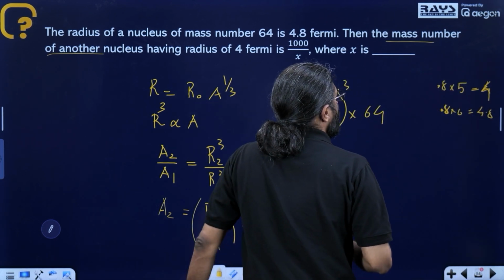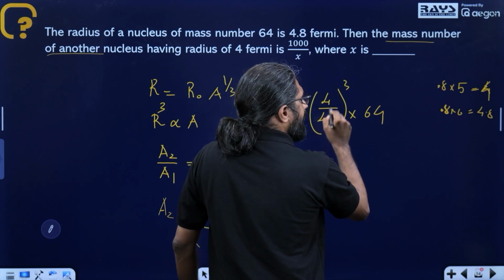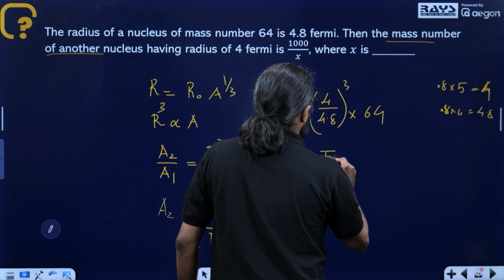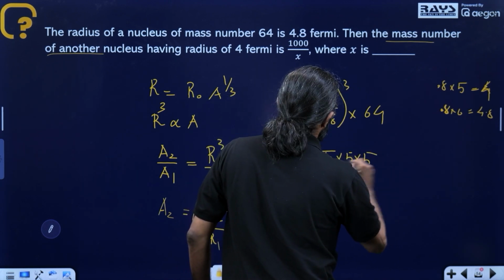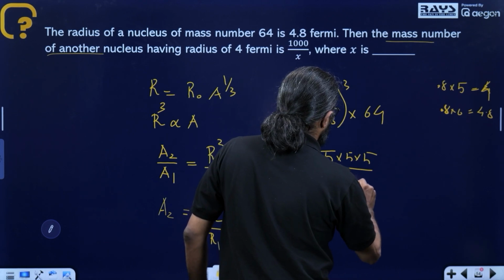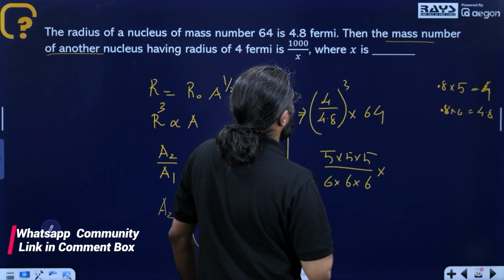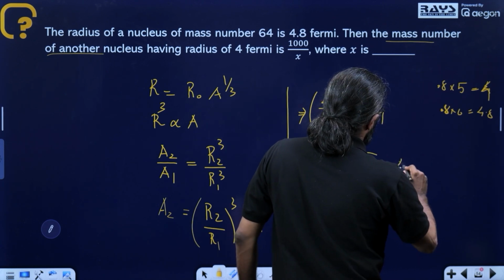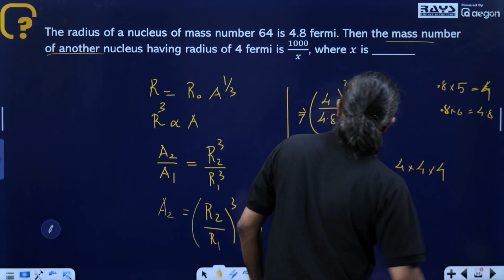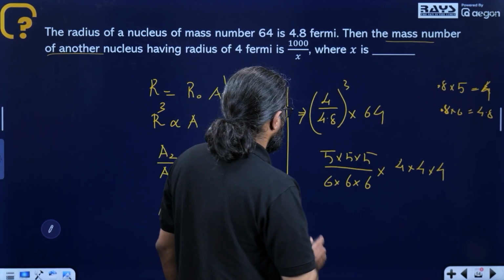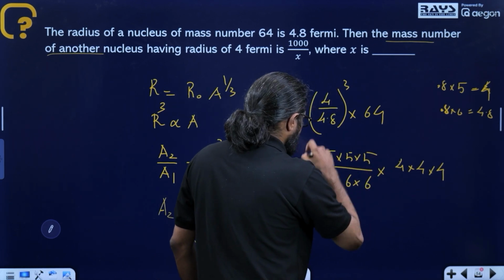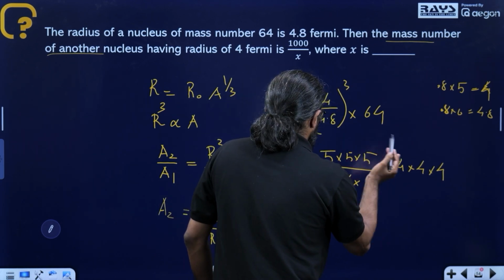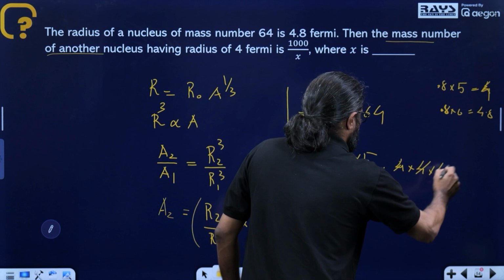Alright, so you can rewrite this as 5 into 5 into 5 divided by 6 into 6 into 6 multiplied with 64, which is 4 into 4 into 4. I think it's easier to cancel off this way. This would then be, you can cancel these off.